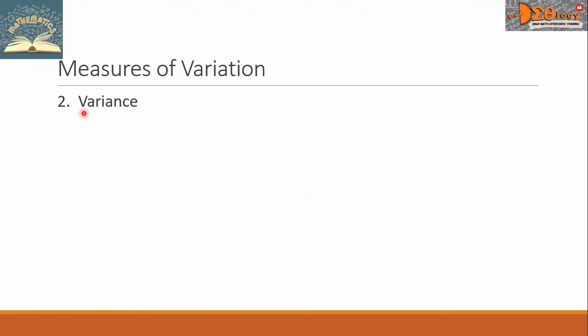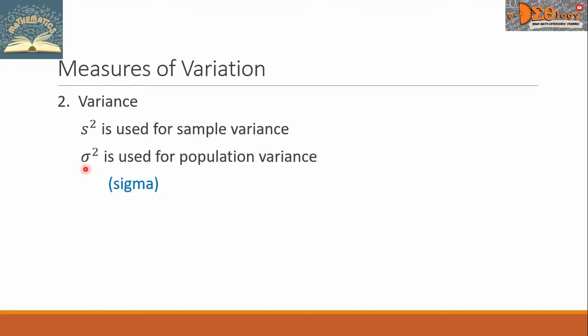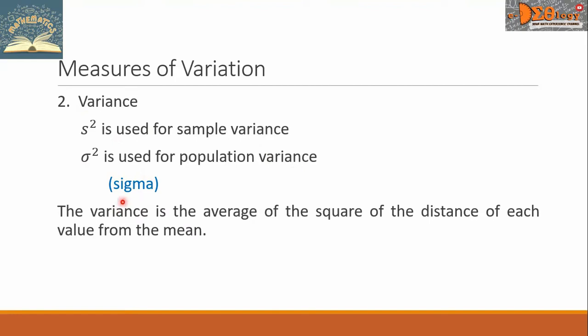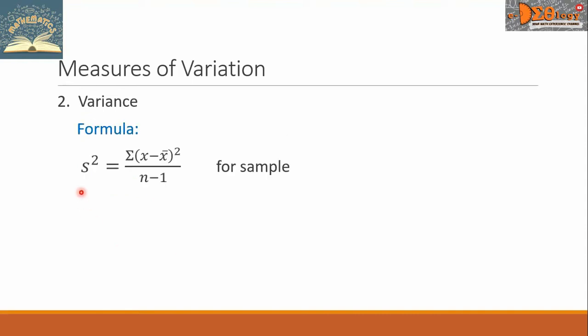The second measure is the variance. We use the symbol S square for sample variance, while the symbol sigma square is used for population variance. The variance is the average of the square of the distance of each value from the mean. This is the formula.